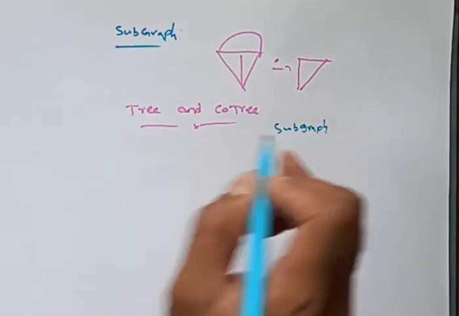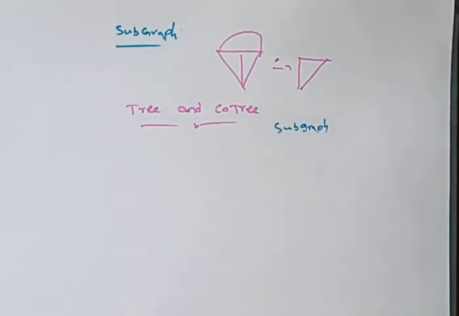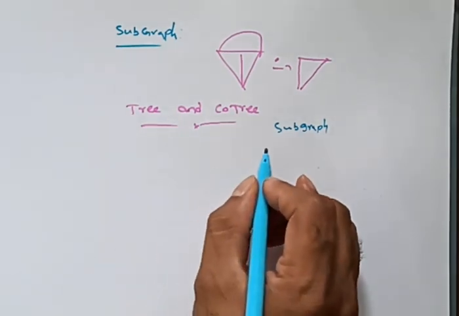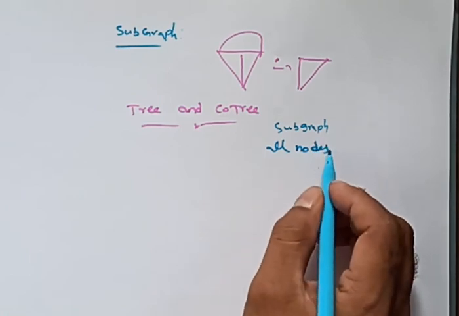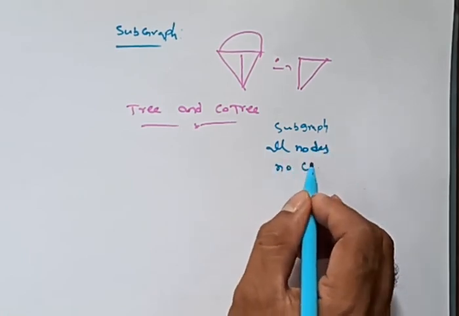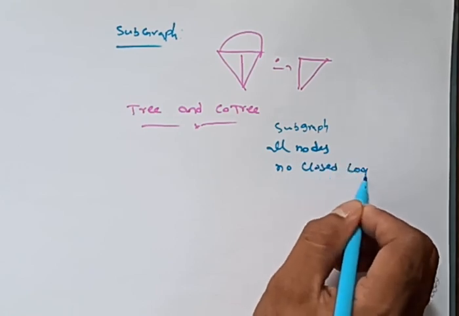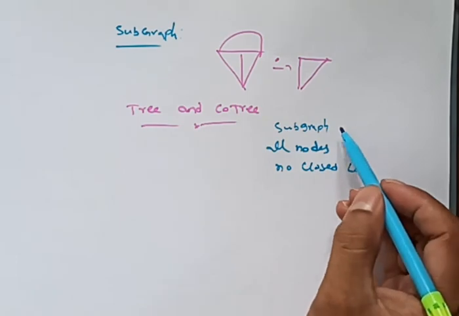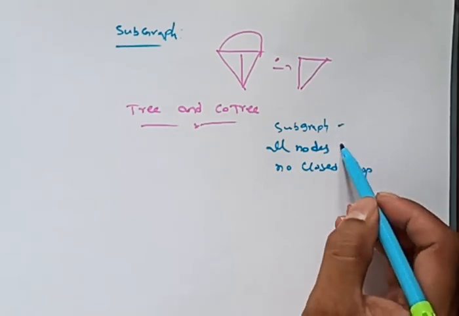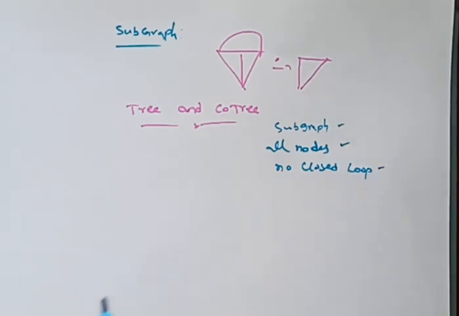A tree is a connected subgraph of a given graph which consists of all nodes of a graph, but there is no closed loop. These are the conditions if you want to draw the tree for the given graph. It should be a subgraph of the original graph, having all nodes, but there is no closed loop.